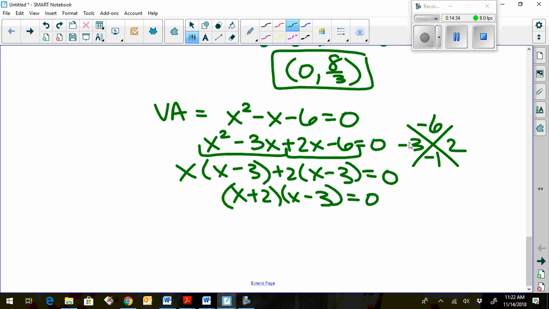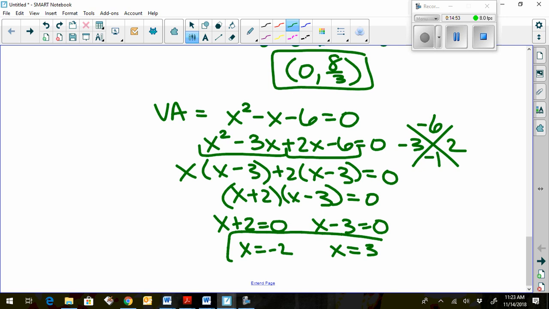So if your leading coefficient is 1, then you could just jump right to this step. But only when your leading coefficient is 1. So then we're going to set each of these factors equal to 0, and we'll solve. So we get the equation x equals -2 and x equals 3, and those are both of our vertical asymptotes. So on this one we have 2 vertical asymptotes.